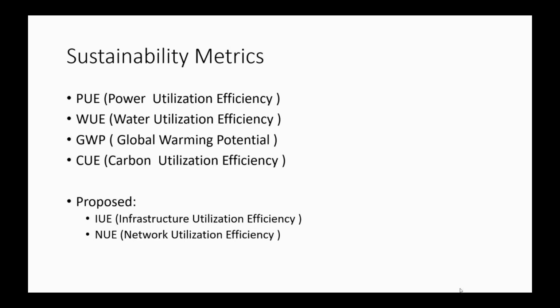Ones that you're probably very familiar with: PUE, and a similar one for water called WUE, global warming potential, called GWP, and carbon usage effectiveness, called CUE. So it's not that we need to do any extra work defining these things. These have been defined either by Green Grid or by some other organization. So there are definitions for these.